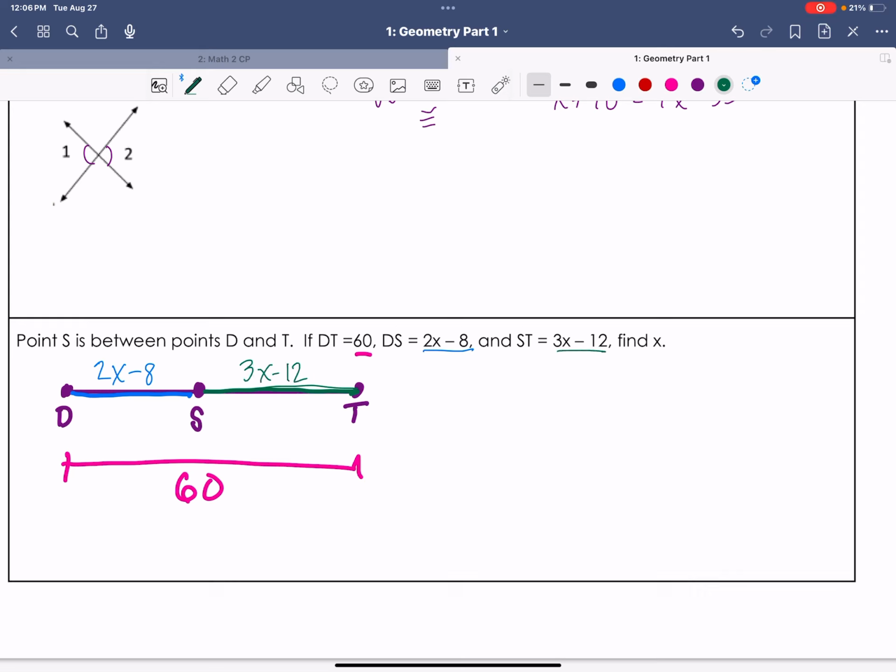So now we need both of these to add together to equal 60. So you're going to go ahead and set up your equation: 2x minus 8 plus 3x minus 12 needs to equal 60. So solve for x, and then that's what you need to do. So make sure you finish these.